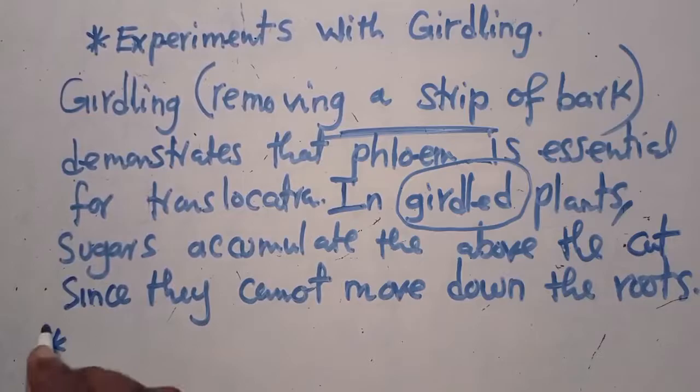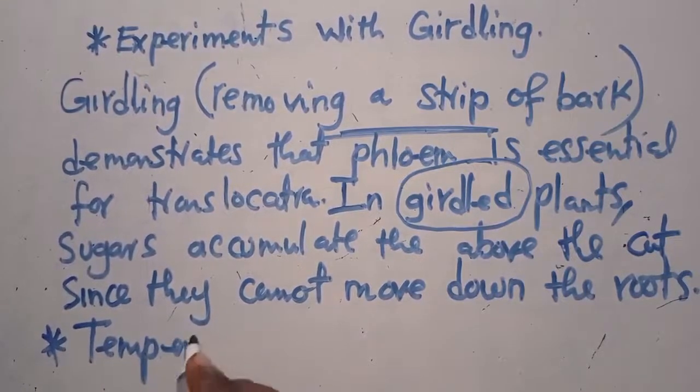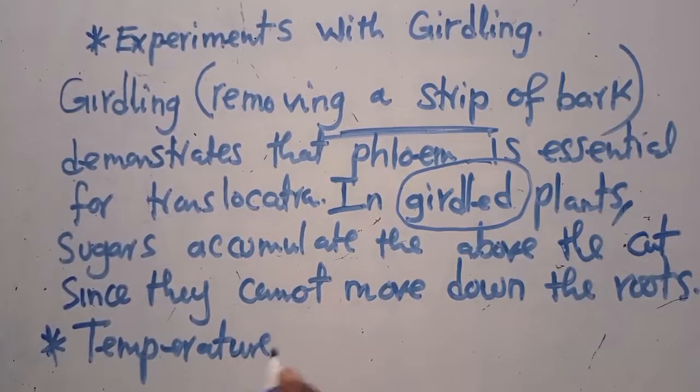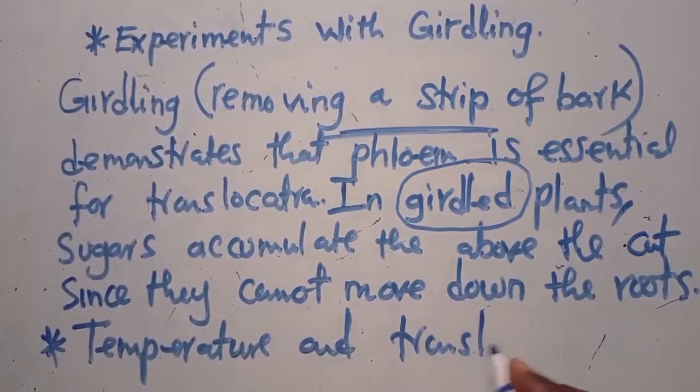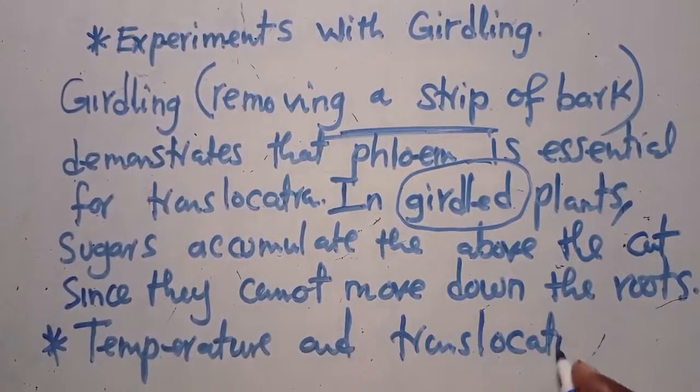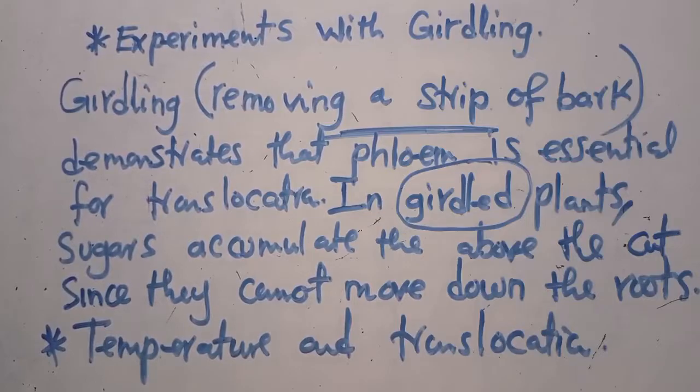The last evidence is temperature and translocation. Temperature and what? Translocation. These things are interrelated. You discover that translocation rates increase with temperature, supporting the idea that it is an active process which is requiring energy.